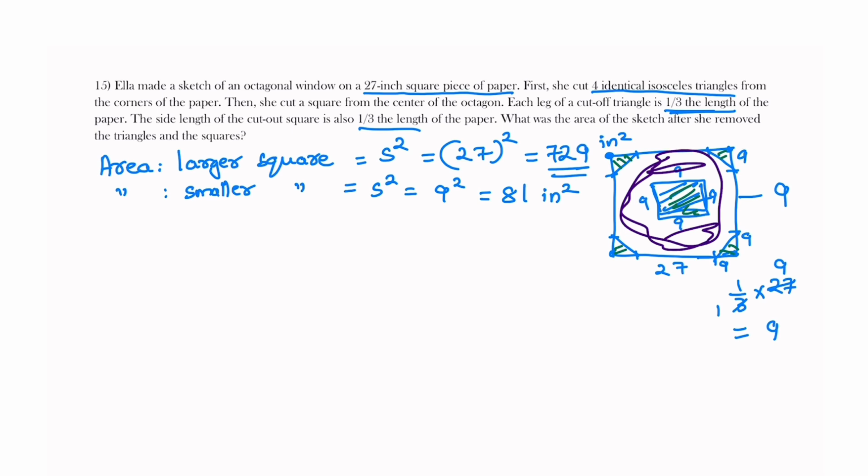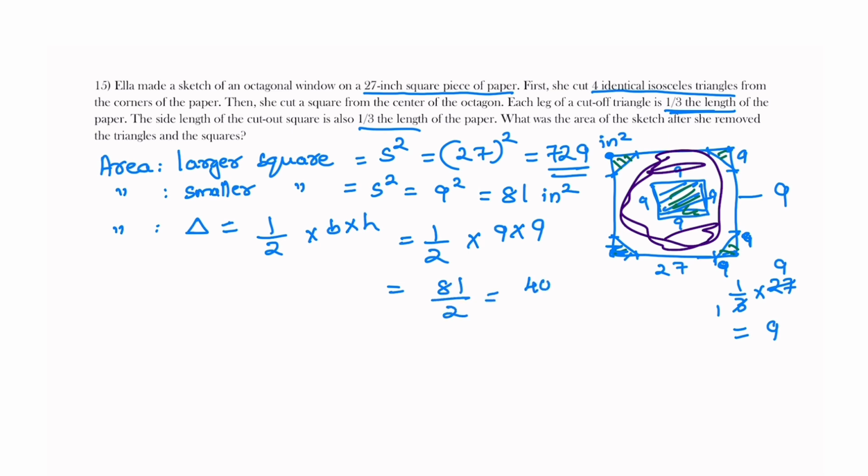Then the area of the triangle. How much is it? Do you remember the formula? The area of a triangle is half times base times height, which is equal to half times. Now here, we know that it's the same on both the sides, right? 9 here, 9 here. So base and height is the same. So we do 9 times 9, which is 81, divided by 2. If you do the division, you will get 40.5 inches squared.